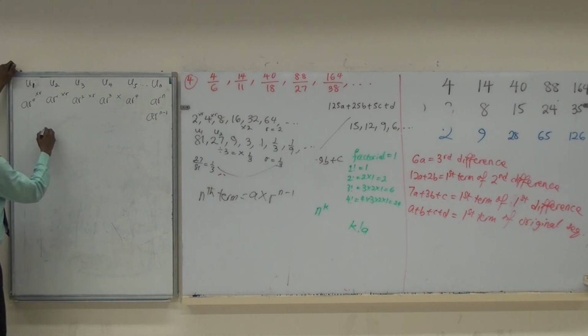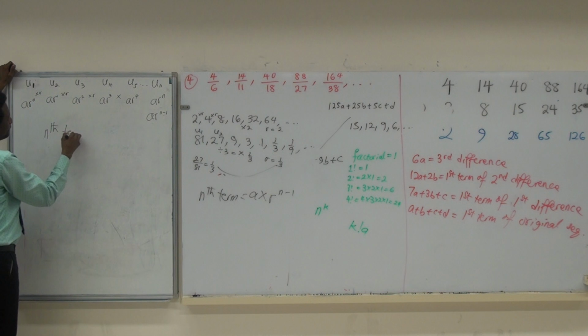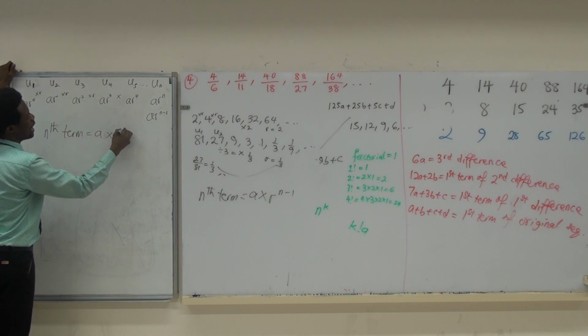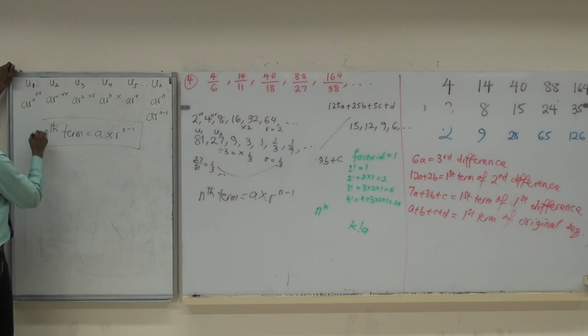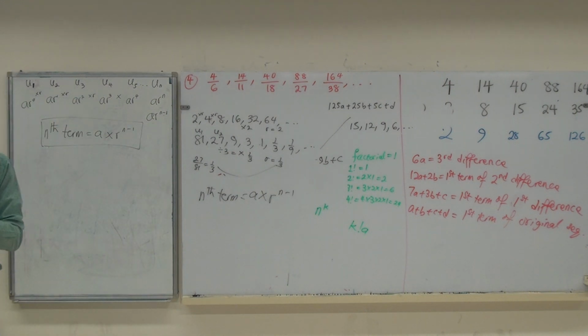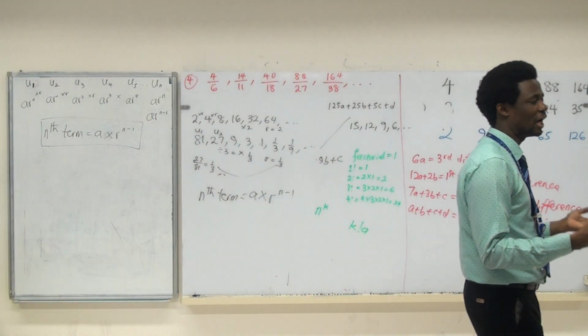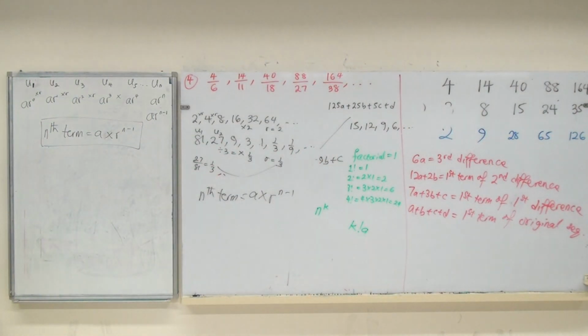So now, if this is the nth term, what would you try to figure out to get the nth term if I give you a sequence? Two things you need to figure out. The common ratio? A and R, not just the common ratio.